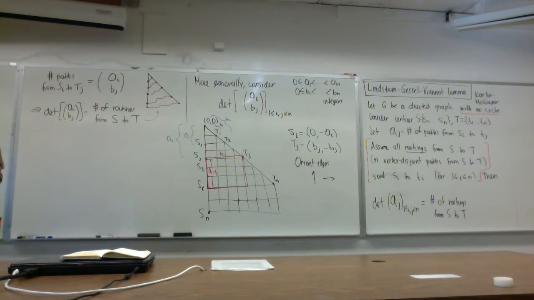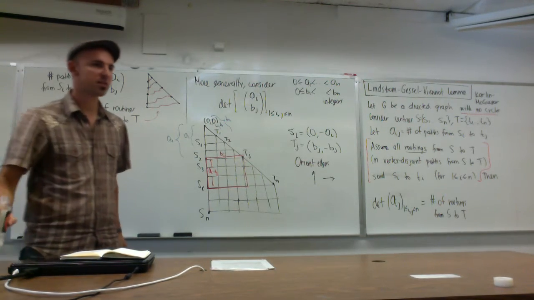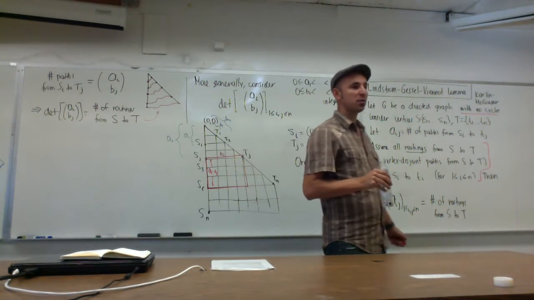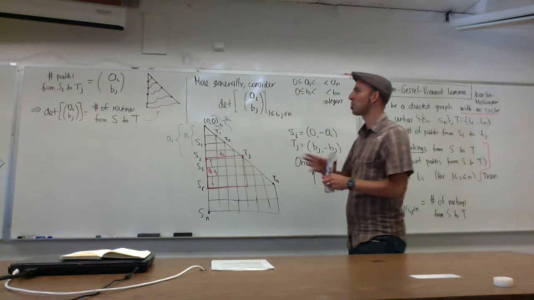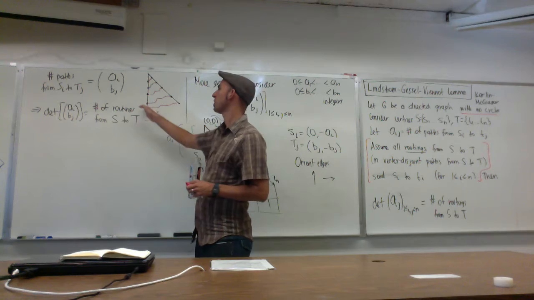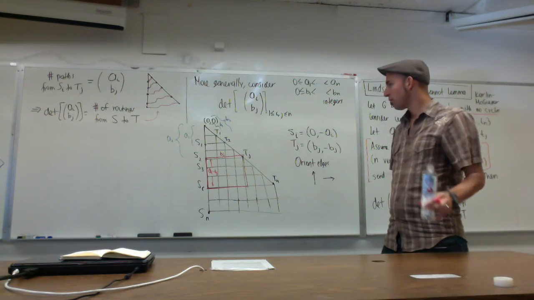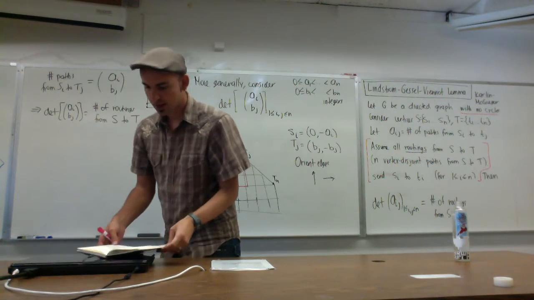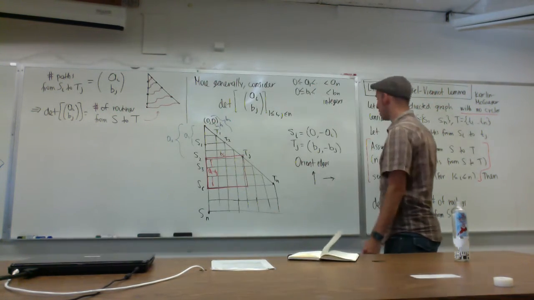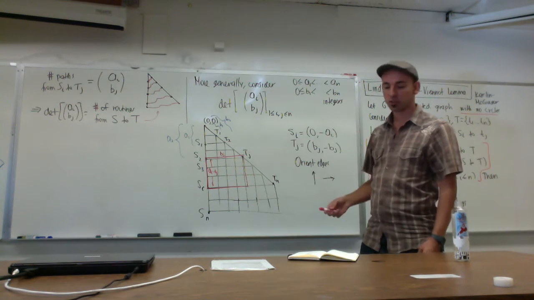Okay. And so this is a very simple, or I don't know if simple, but it's a very elegant description of why this number is positive. It counts precisely the number of ways of routing some points here to some points here. So this is the result due to Gessel and Viennot to interpret these determinants.